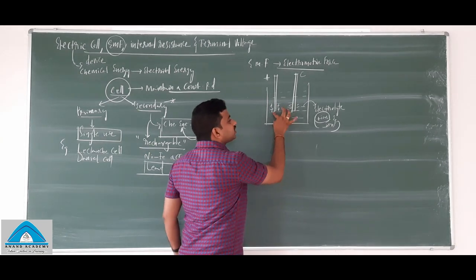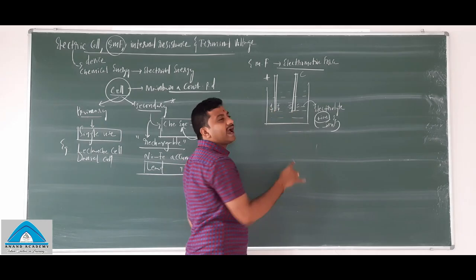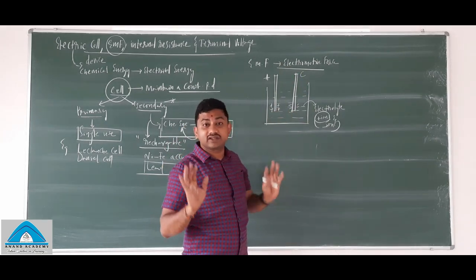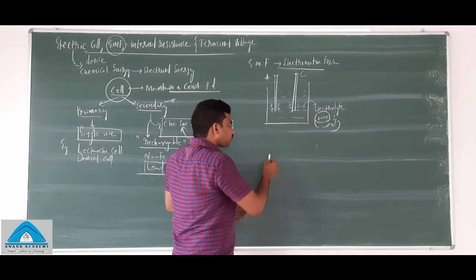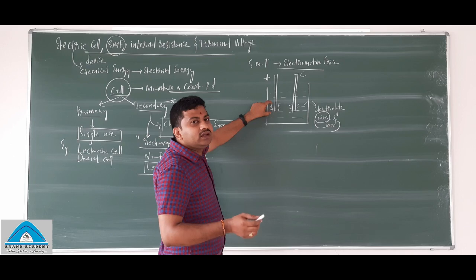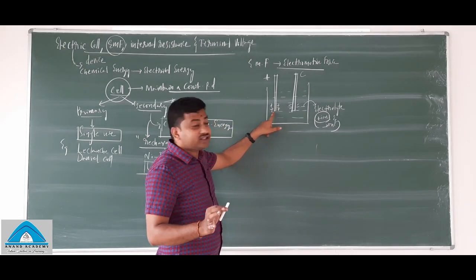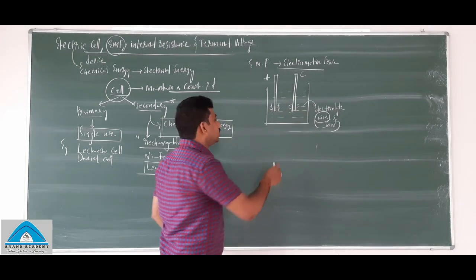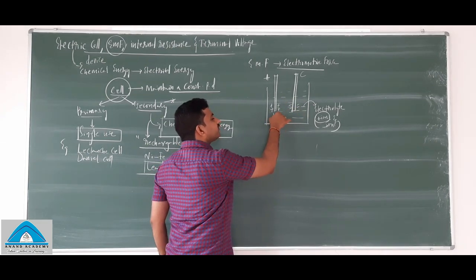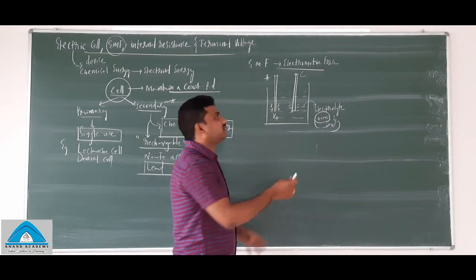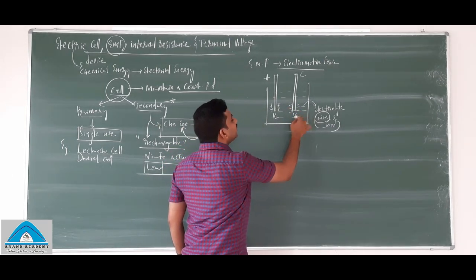So there is a connection between the anode and cathode inside the cell, but outside the cell I have given no connection. Now, the anode will have a high potential. There is a potential for the anode and a potential for the cathode. I am writing the potential of the anode as V plus, which is high because positive charges are accumulated here, and the cathode will be at low potential.